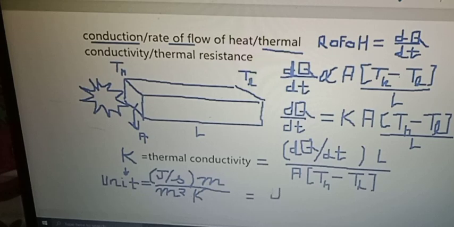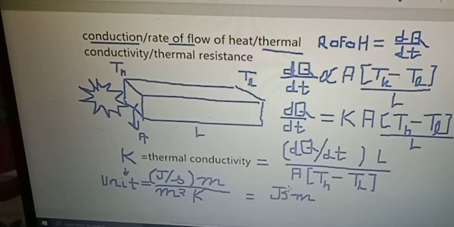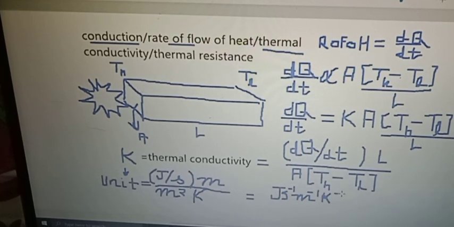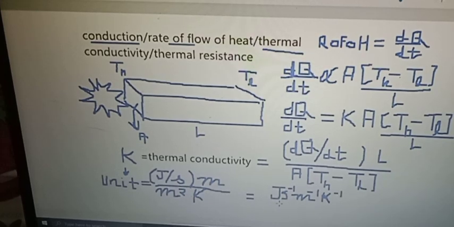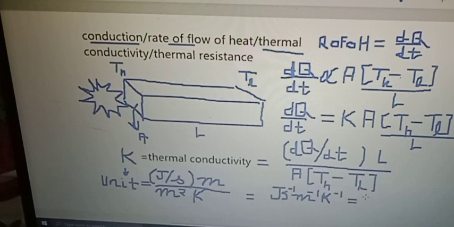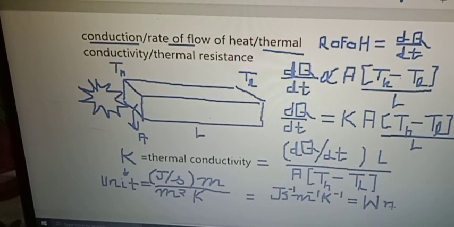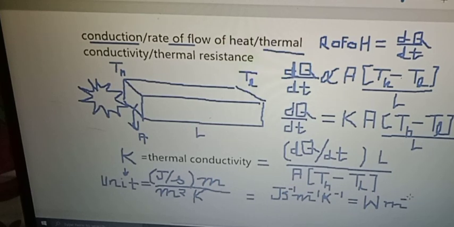Now do it yourself, try to solve it, and you will end up with this: joule per second per meter per Kelvin. Okay, you need to memorize this. Sometimes this joule per second is also called watt, so you need to remember that also: watt per meter per Kelvin.